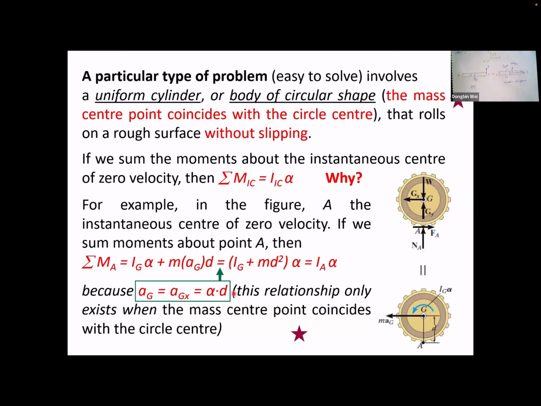Okay, so what does this mean? This means this kind of problem will be similar to the problem we studied last week. Last week, we studied rotation about a fixed axis.